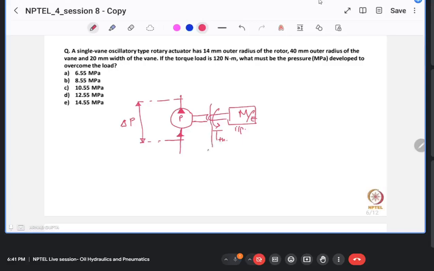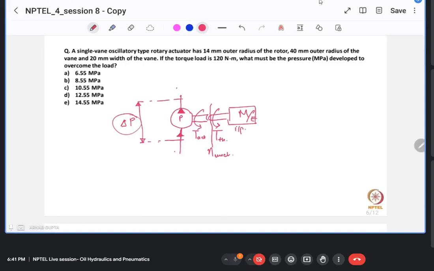It is facing some mechanical inefficiencies due to frictional losses at the bearings or due to inertial factors. Then here you have the actual torque, which helps the pump to draw fluid from the low pressure end to the high pressure end. So this is the pressure differential, as I said.